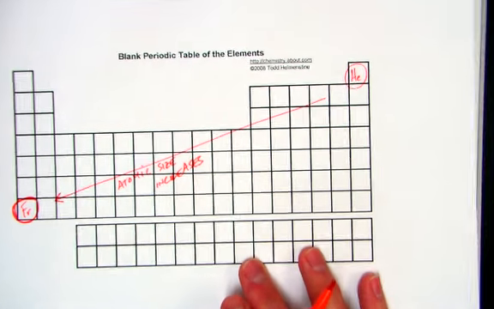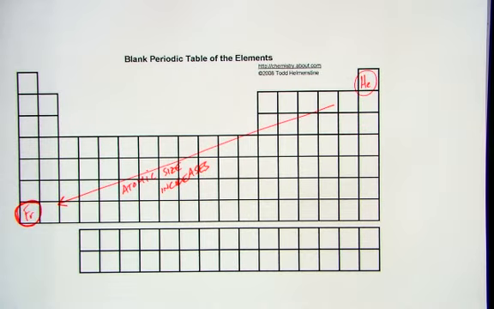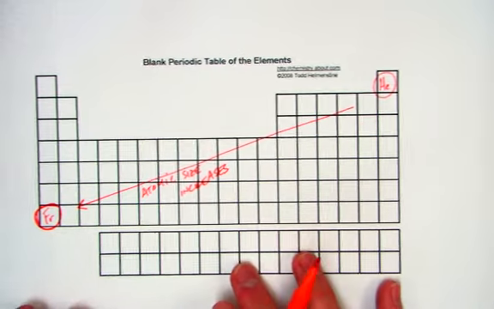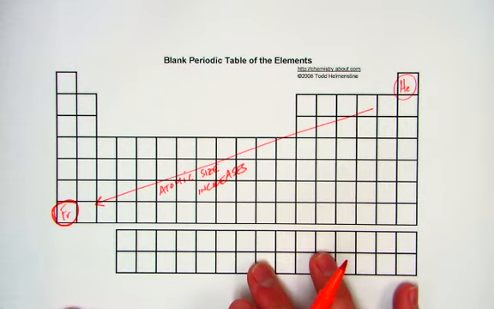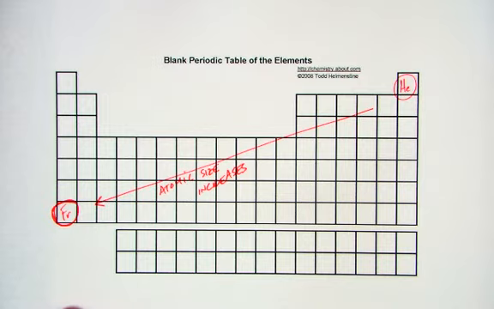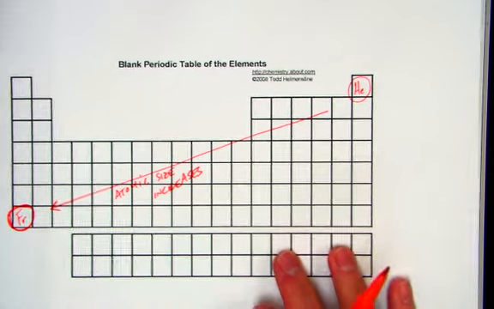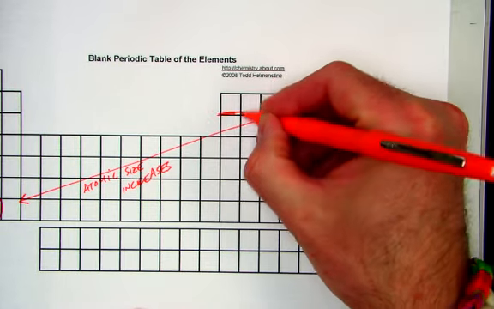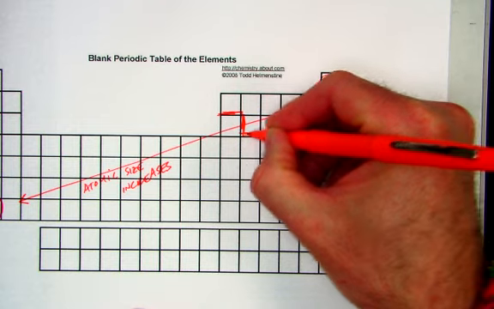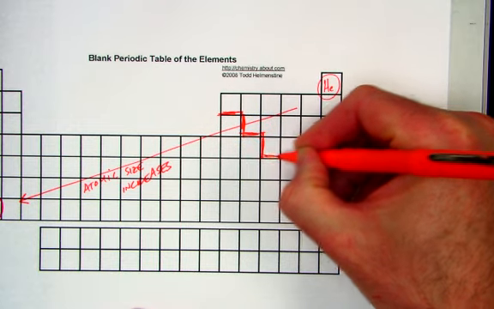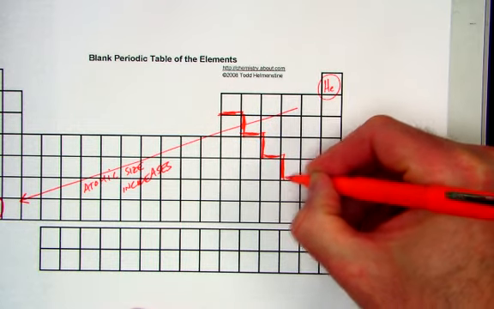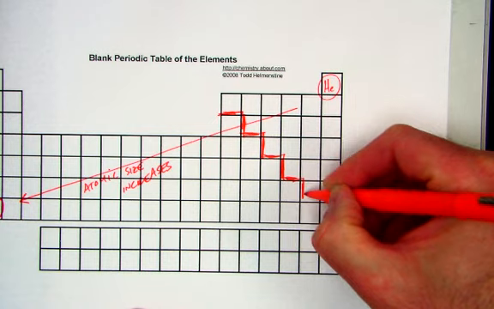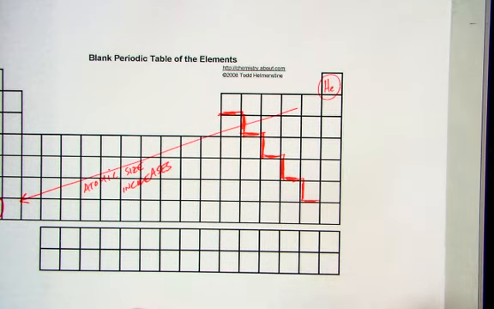Now, the size has big implications in terms of how an element reacts. Maybe you remember from when we talked about metals that metals are losers. Your metals and nonmetals are separated by this staircase.